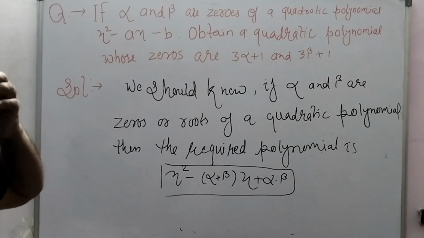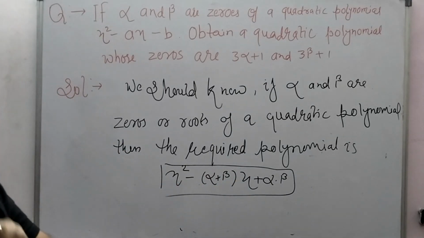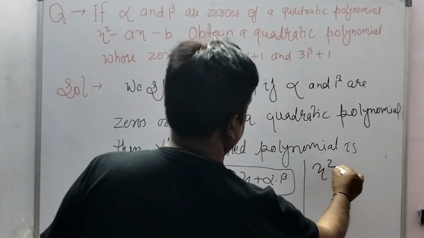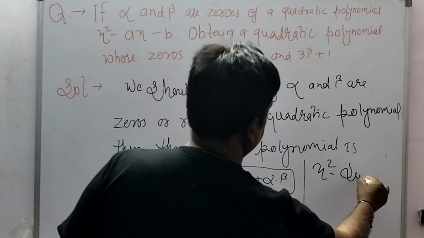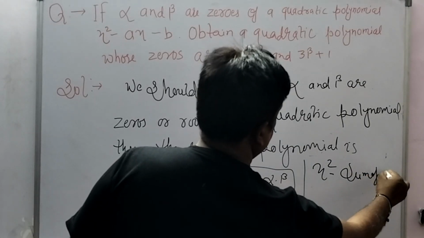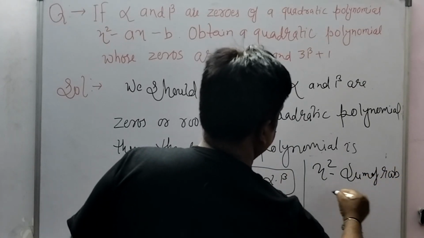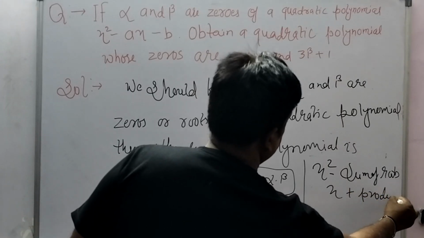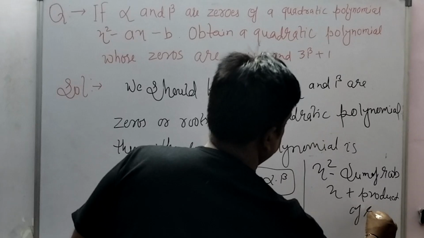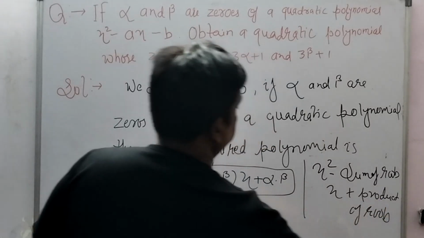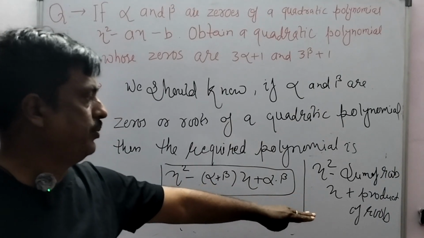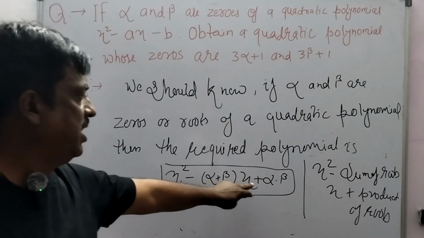We should know and always remember it. Another way to say it: x square minus sum of roots into x plus product of roots, where the sum of roots is alpha plus beta and the product of the roots is alpha into beta.